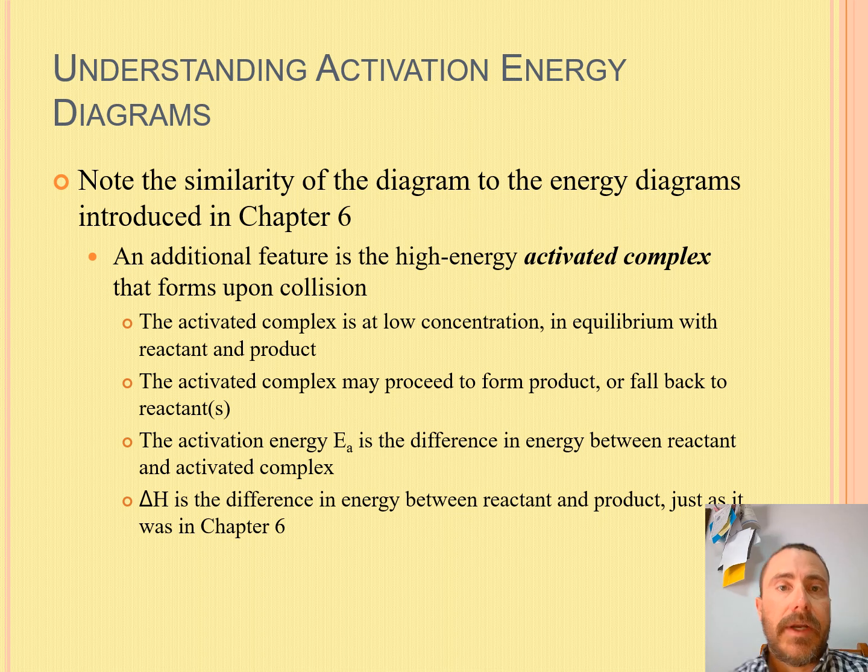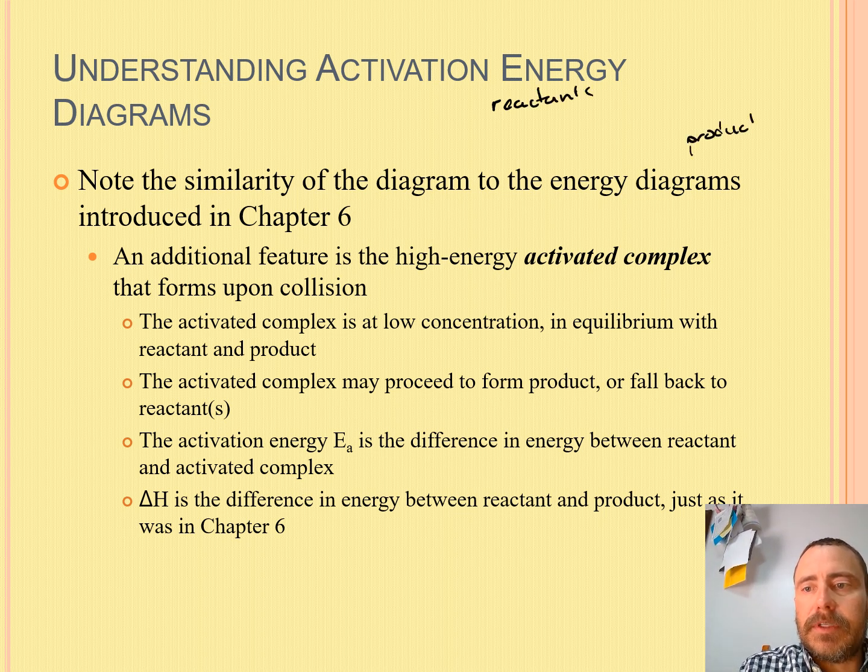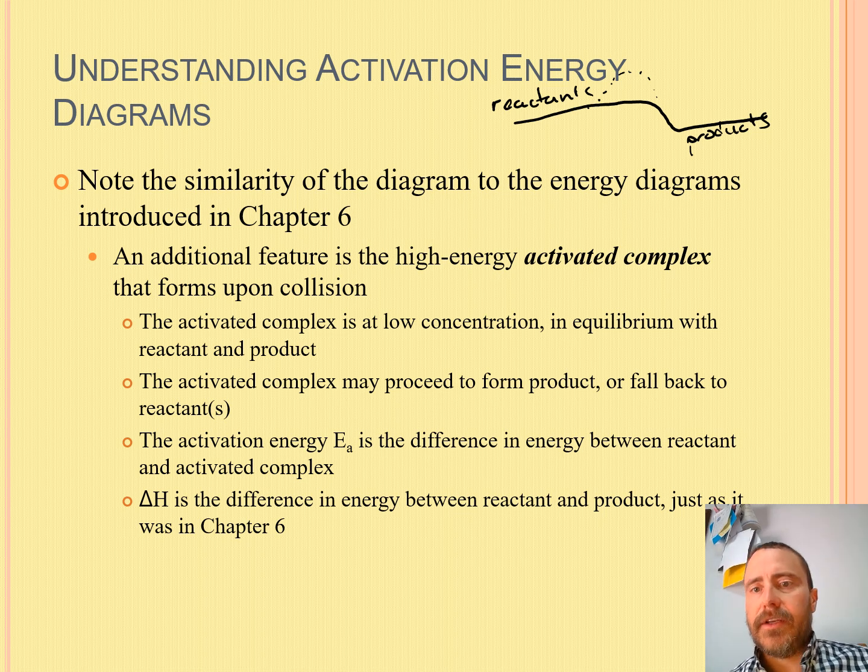Again, we can look back to our figure, but note that that diagram looks a heck of a lot like the things that we've seen from chapter 6, although when we drew those before, we had reactants and products, and we did not have the activation energy included.